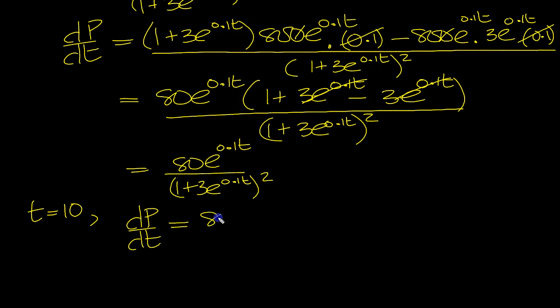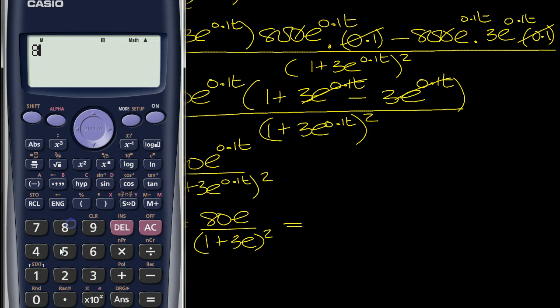E to the 1, so it's 80e over 1 plus 3e, isn't it, squared. 80 times e divided by bracket 1 plus 3 times e, bracket squared.